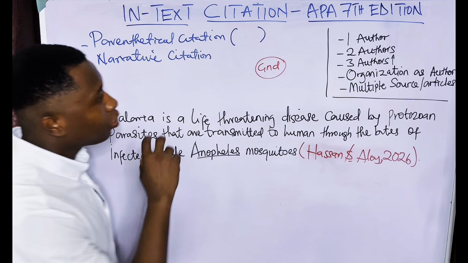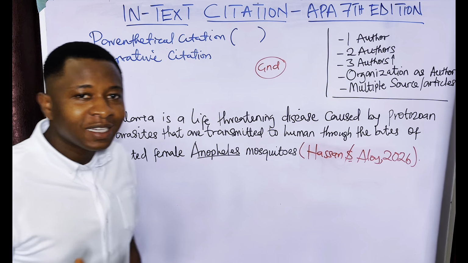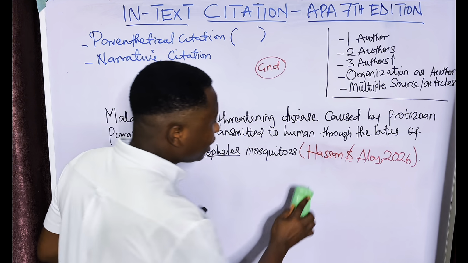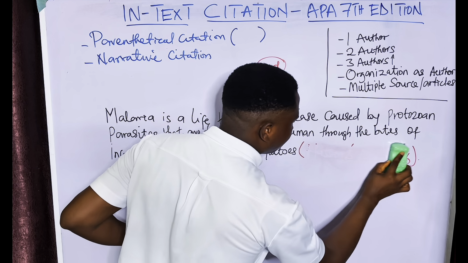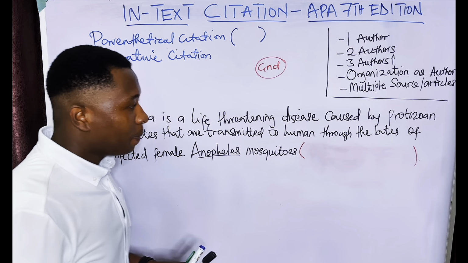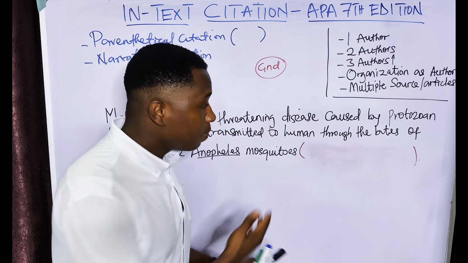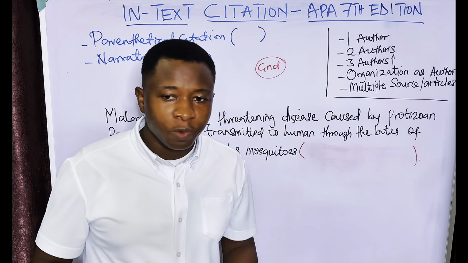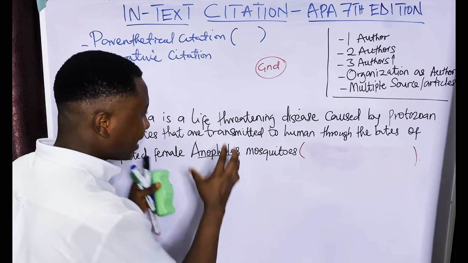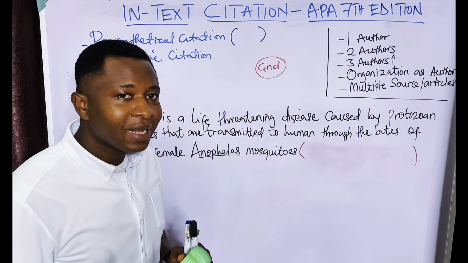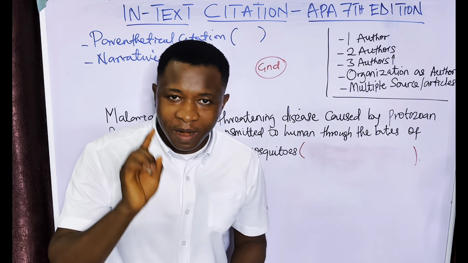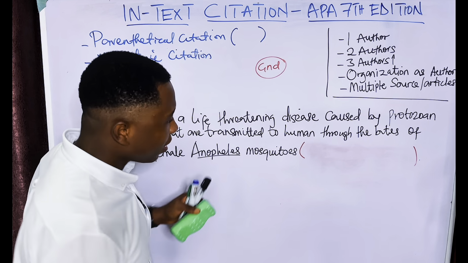So let's move to three authors. How do you cite more than two authors? We'll still use the same name, Hassan. Let's assume we have Hassan and two or three more people that carried out this work. How do you cite three authors and above? The first or the primary author will come first.